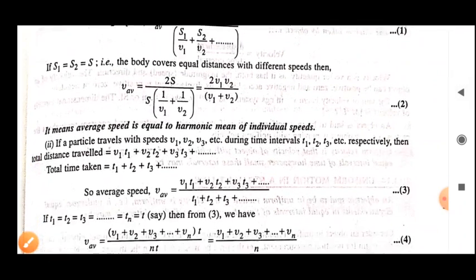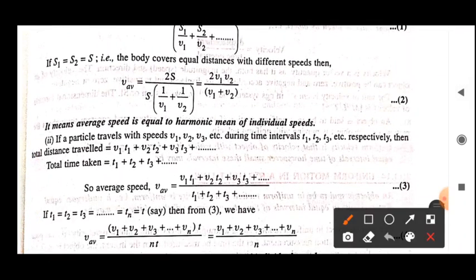For the average speed, a generalized formula is also given. If s1 is equal to s2, equal to s, then what will be the total distance covered, and then what is the average speed? Average speed is equal to 2v1v2 upon v1 plus v2 if velocities are different but distances are the same. Suppose we have a 40 kilometer distance between 2 points, and we have divided this into 20 kilometer and 20 kilometer.